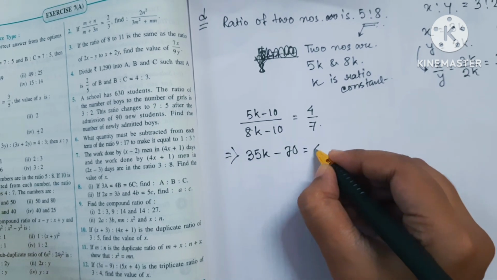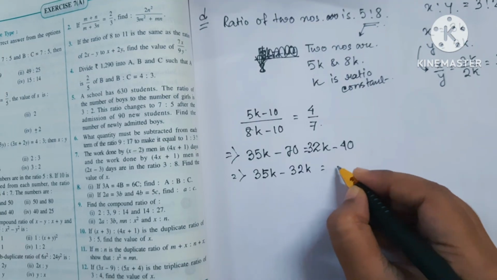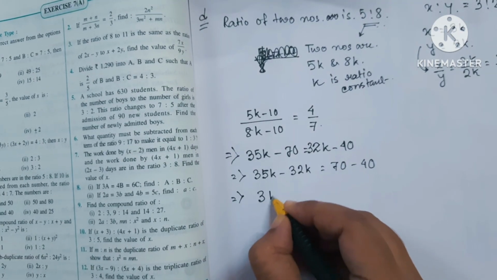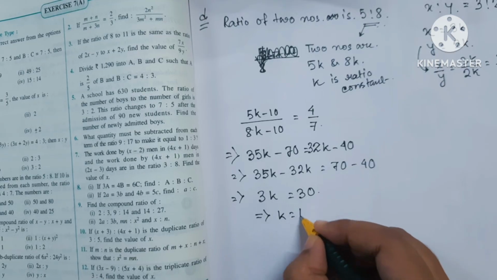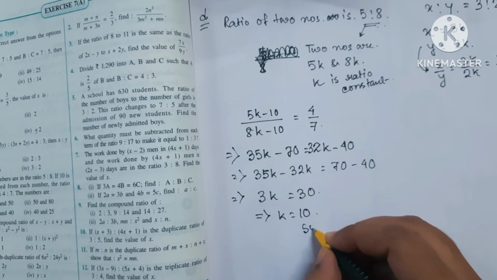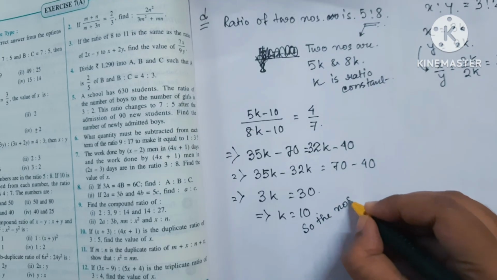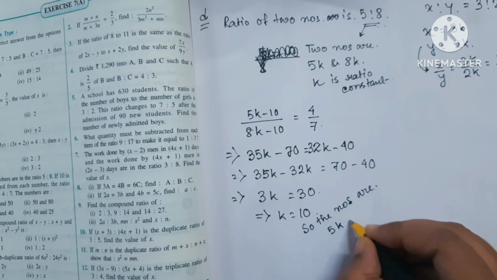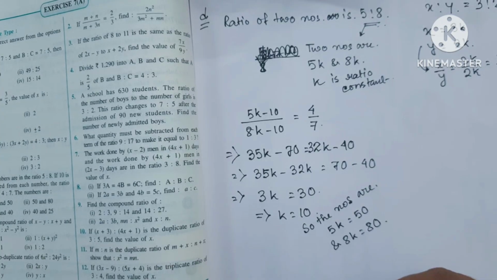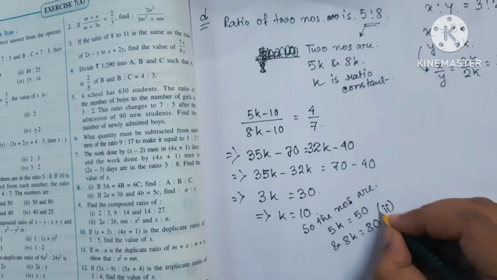If you cross multiply, so value of k is 10. So the numbers are 5k equal to 50 and 8k equal to 80. So option 2 will be the correct answer, not the first one.